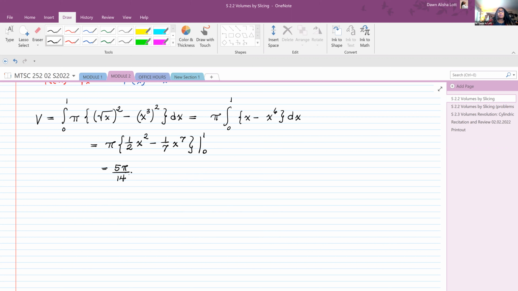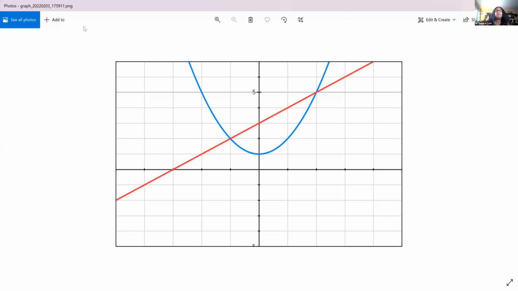Okay, so I'm going to show you what I showed the other class, if I can find it. Okay, I went on graphsketch.com. Oh, that's not it. Where's Graph Sketch here? Nope, that's not it either.